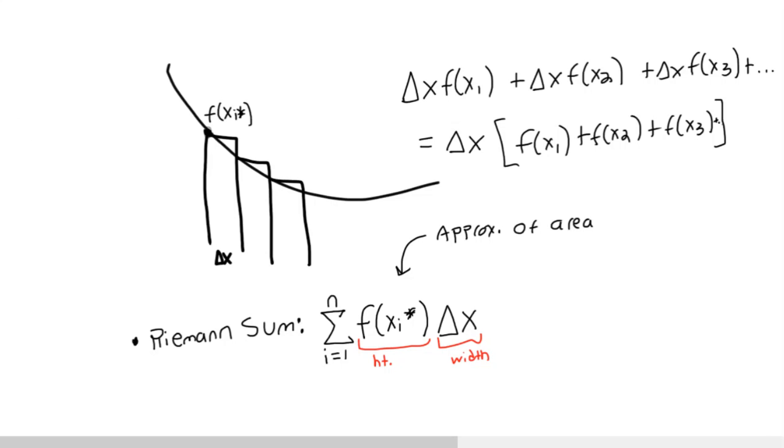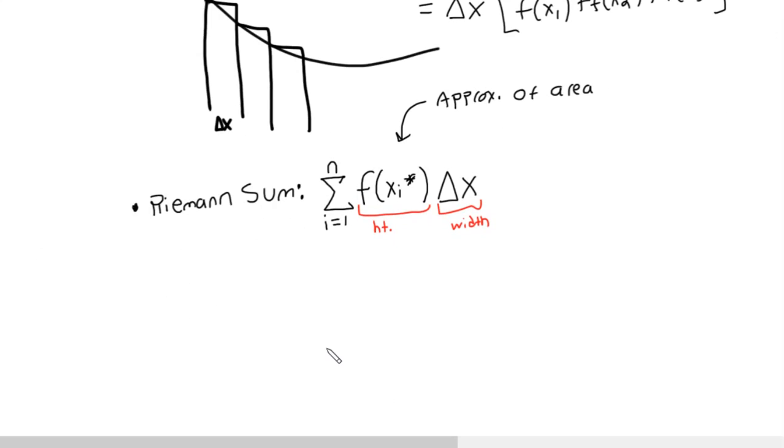But after a little while, people figured out: what if we broke this up into infinitely many rectangles? Then we would get the exact area under the curve. It wouldn't be an approximation anymore. It would actually be exact. So our area becomes the limit of the Riemann sum, the limit as n approaches infinity, where n stands for the number of rectangles we use to approximate the area under this curve.